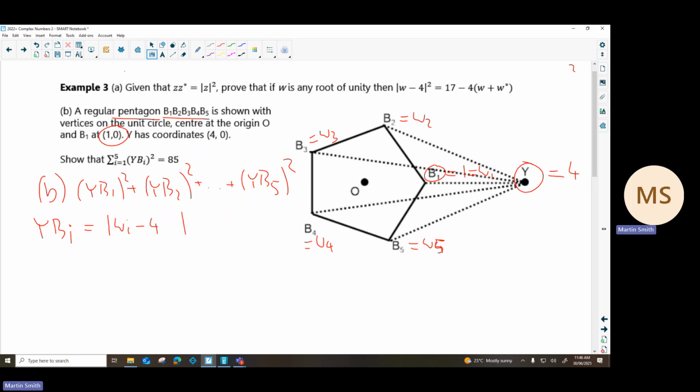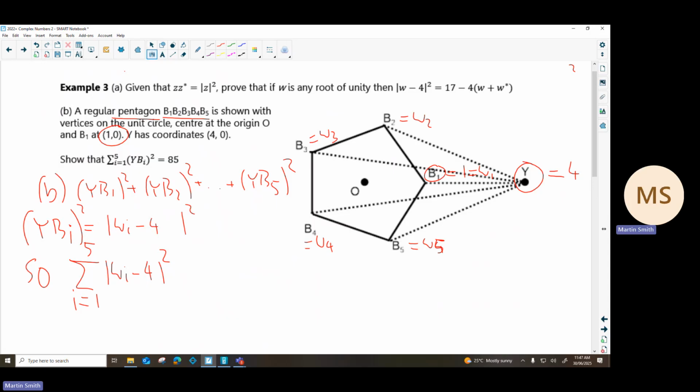Consequently, YBi squared is the modulus of Wi minus 4, squared. And this is how you can connect part B to part A. So what I'm trying to get is the sum from i = 1 to 5 of the modulus of Wi minus 4, squared.